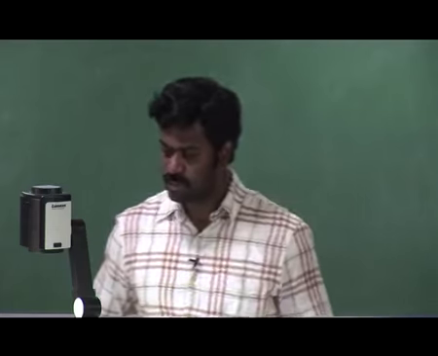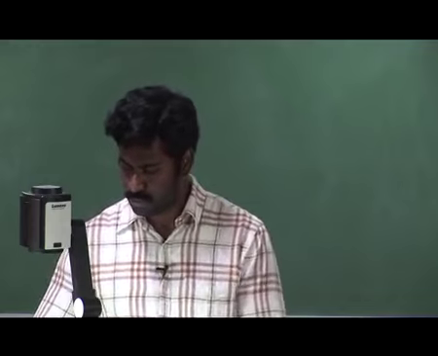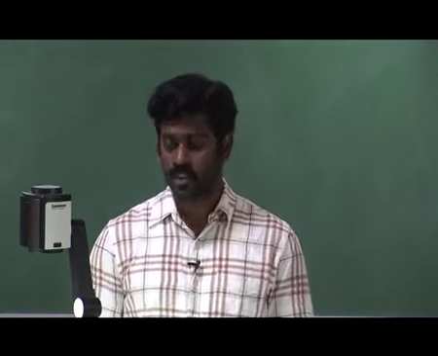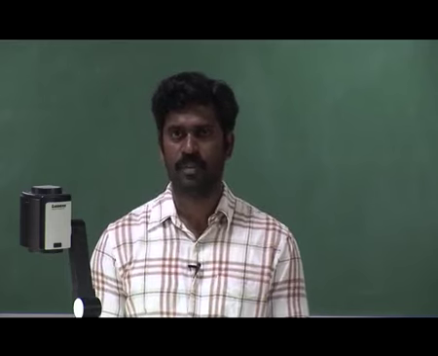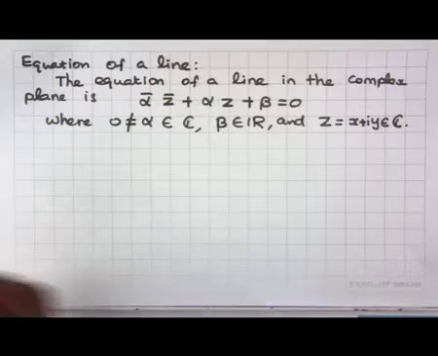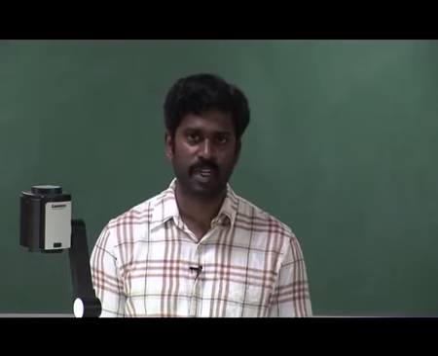Now, let us try to study geometrical objects, which is like a straight line, and then we will go for a circle. So, first let us discuss what is the equation of a straight line in the complex plane.